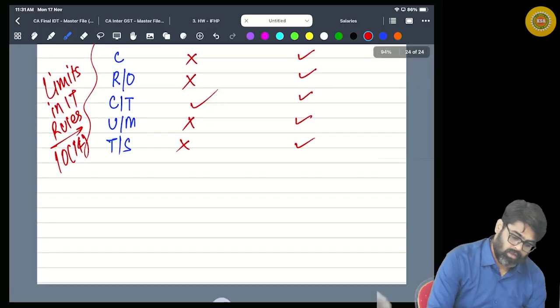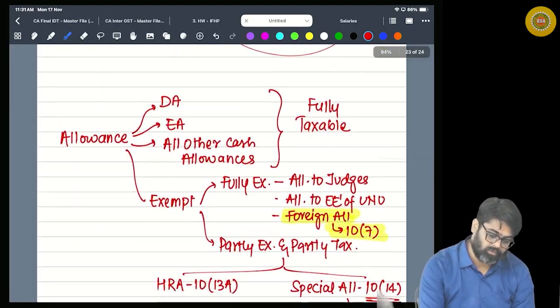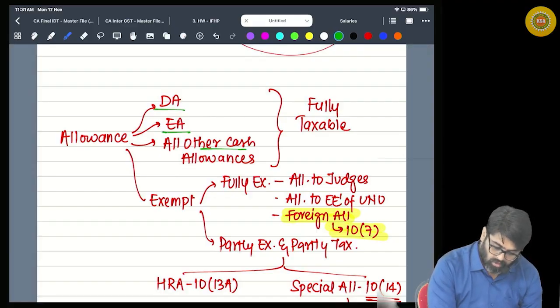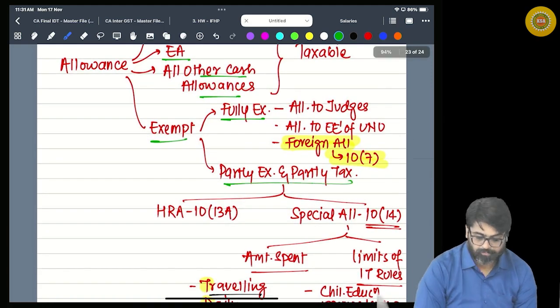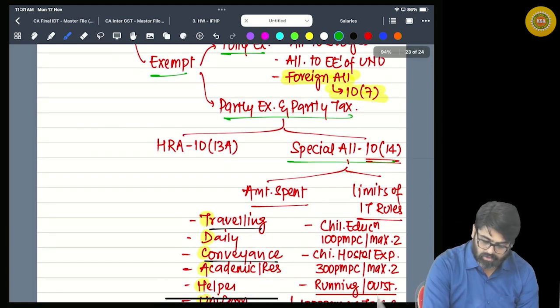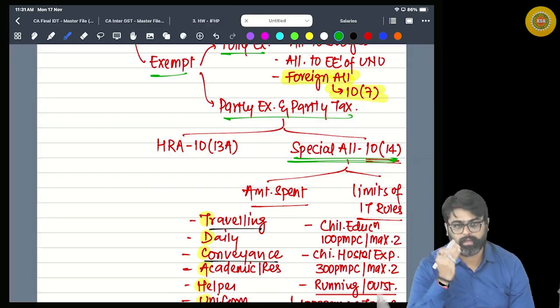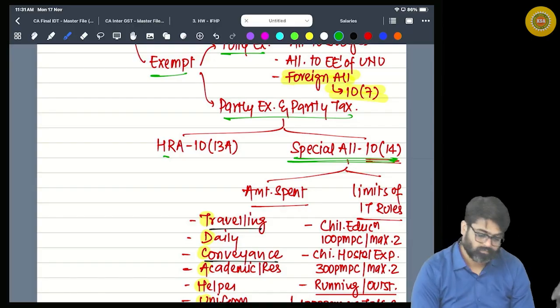Okay. Now this was your special category of allowance. If you remember, see what I was doing. Dearness allowance, entertainment allowance, all other cash allowances: fully exempt allowance, partly exempt and partly taxable. We have covered this special allowance category, entirely done. Now HRA. What is this?